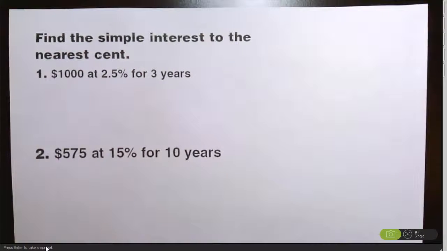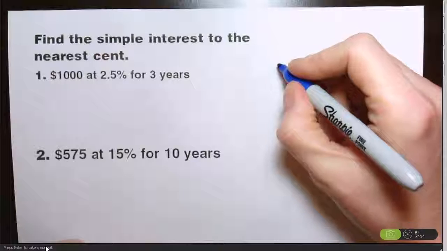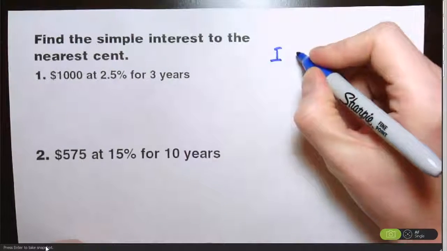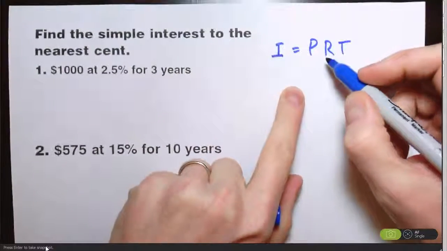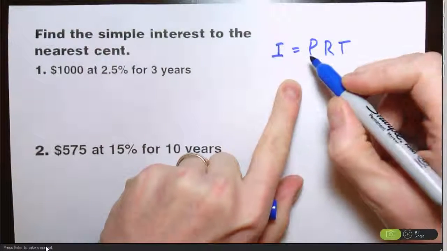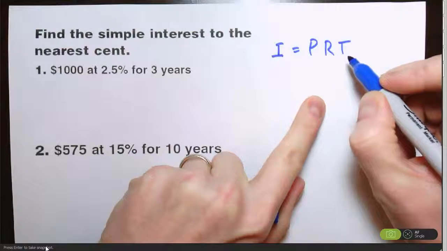So the first thing is, number 1 here, simple interest. The simple interest formula, which we talked about in class, was interest equals principal times rate times time, where rate is a percent as a decimal, principal is your initial amount, and time is in years.